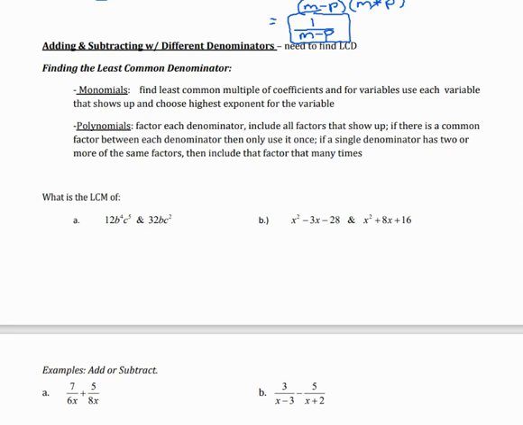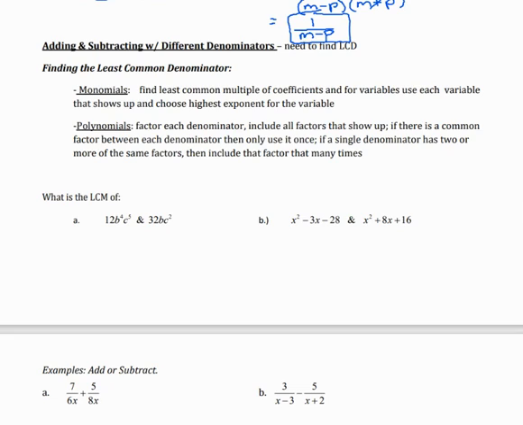If we have variables, then whatever variables show up, you need to include them, and you include the highest exponent. If we had something like x to the 5th and x squared, but you only chose x squared, we lost a bunch of x's. So you always choose the highest exponent, even though we're looking for the least common denominator. If it's a polynomial, then you want to make sure to factor each denominator.